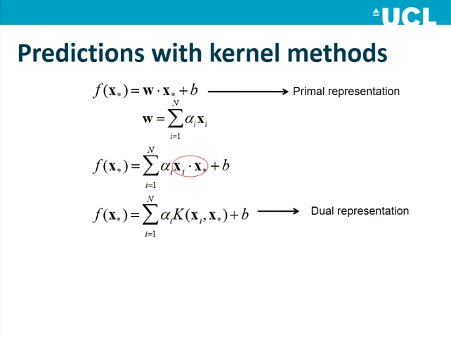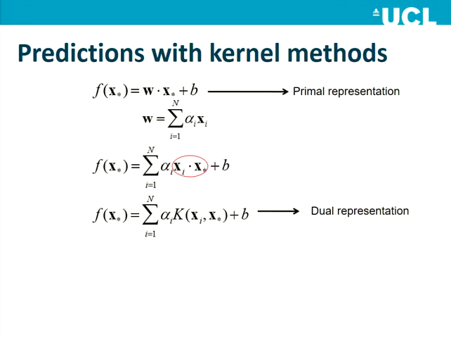So we can arrive at another definition of the predictive function. Now we are expressing it in terms of the kernel, and the advantage here is that instead of having to estimate 100,000 parameters, we can estimate hundreds of parameters, because the alphas correspond to the number of examples. So actually, you can go from one representation to the other.